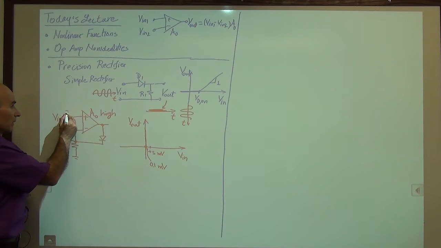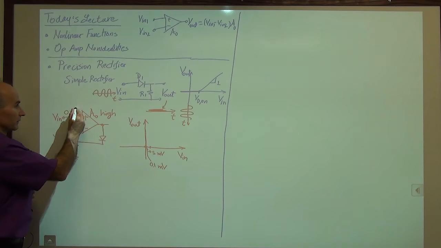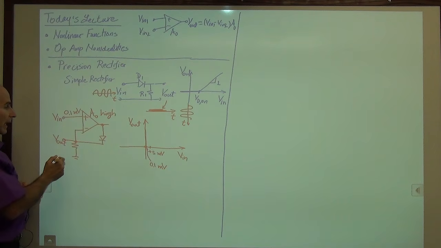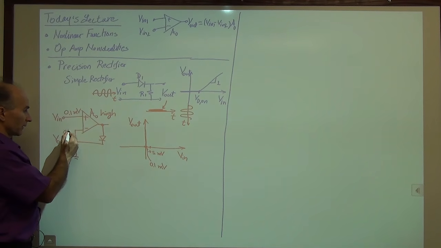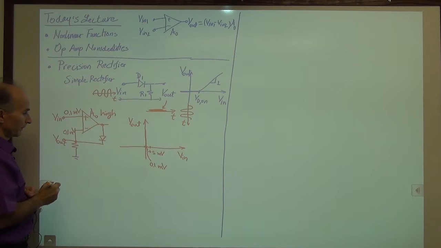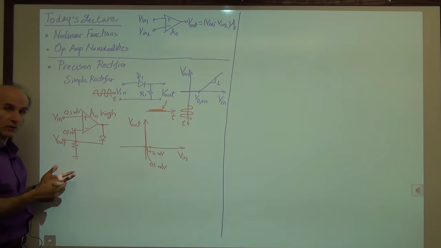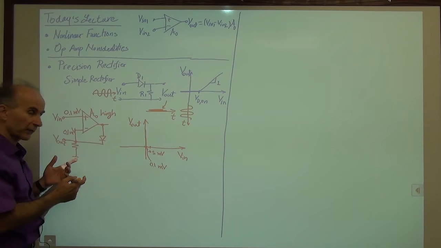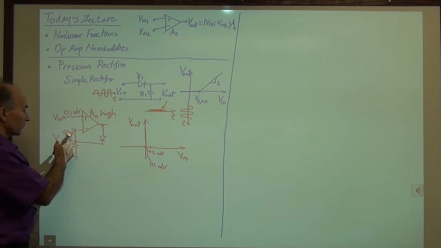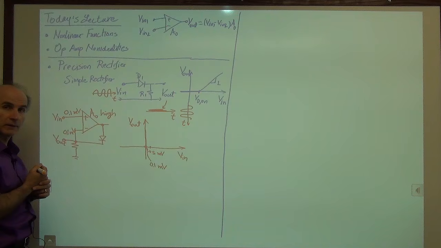If this terminal is 0.1 millivolt, and I'm guessing that this terminal wants to become 0.1 millivolt, because the difference between them should be small, and let's say this resistor is large, so that the current through this resistor is very small. So here's what we have to have. How could this terminal be 0.1 millivolt? Where does this voltage come from?